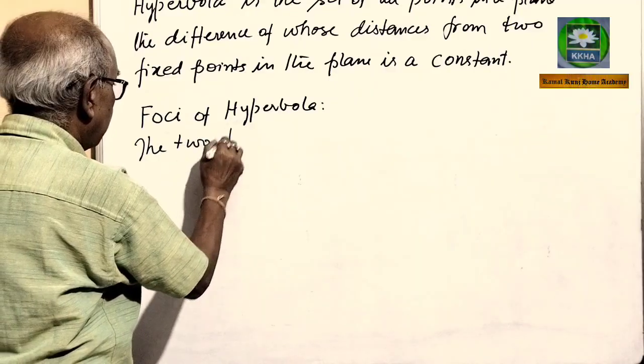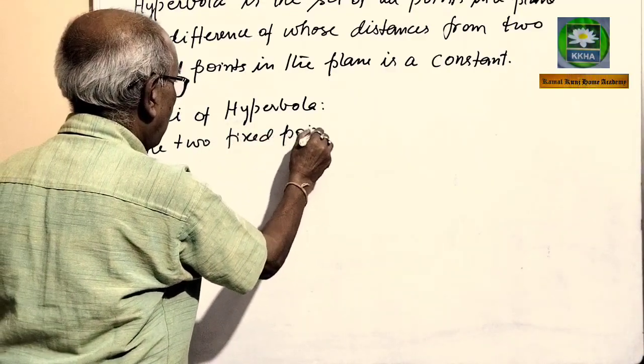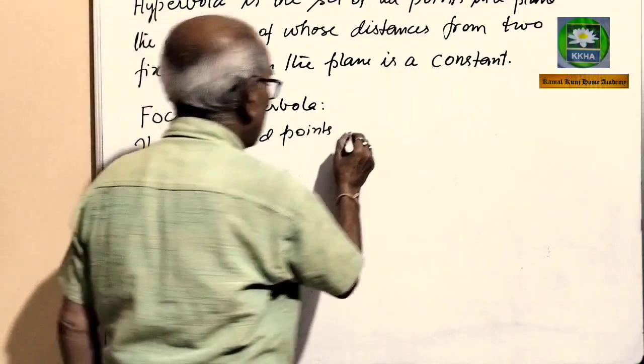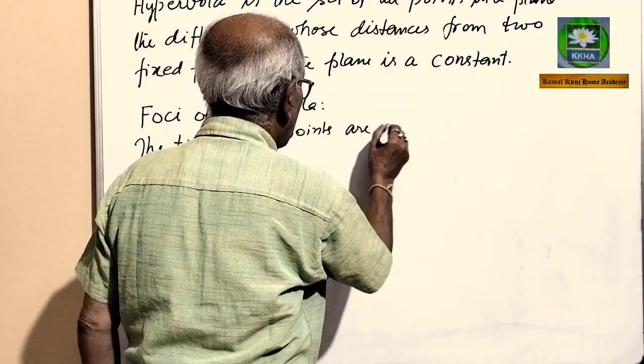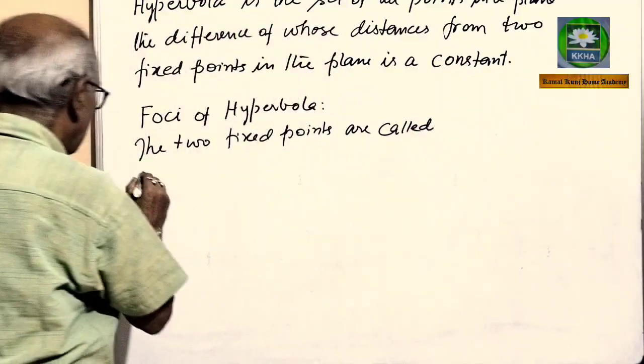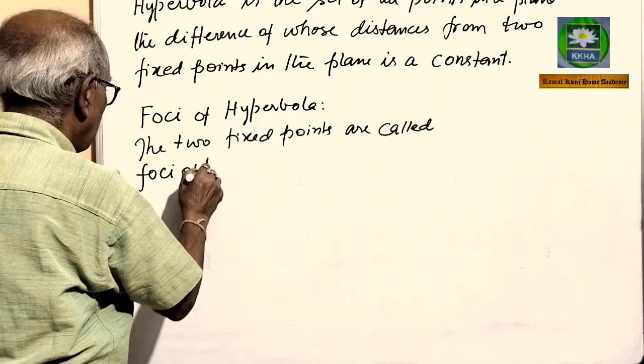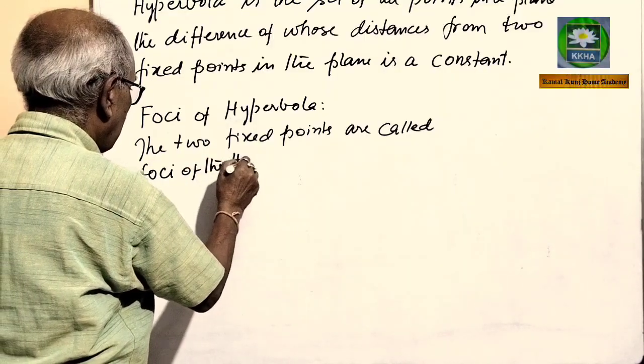The two fixed points are called foci of the hyperbola.